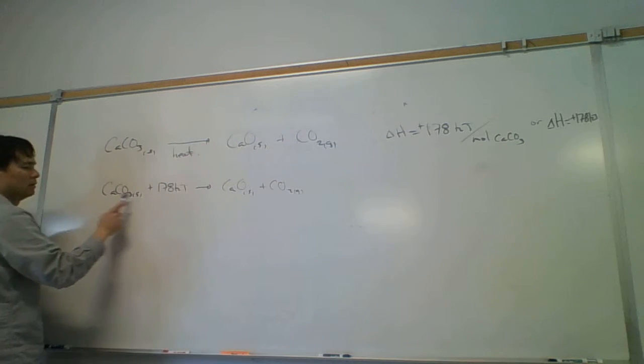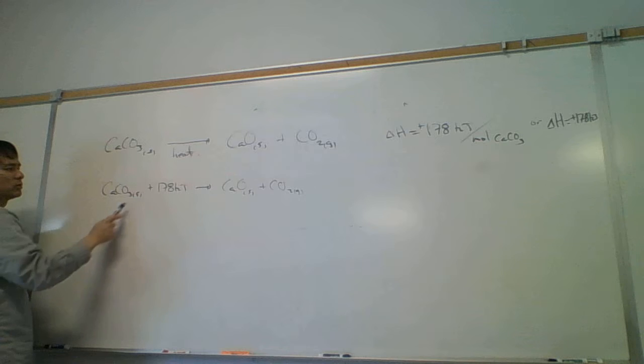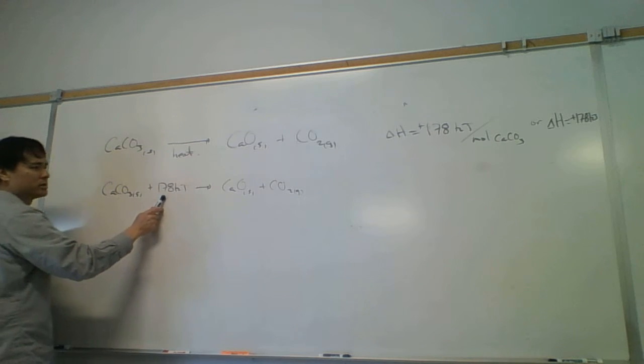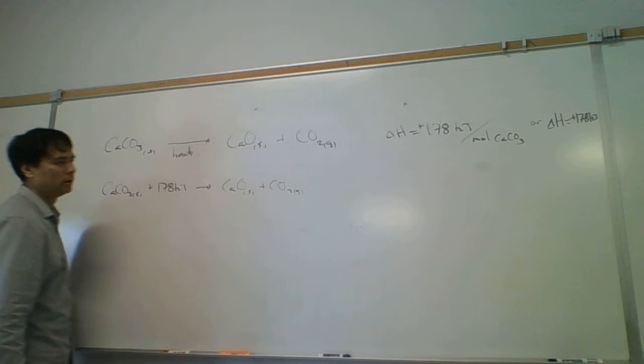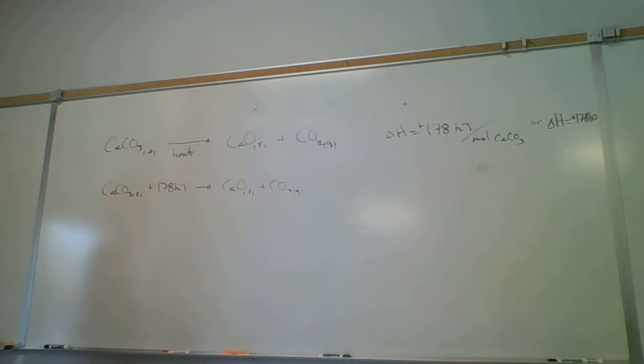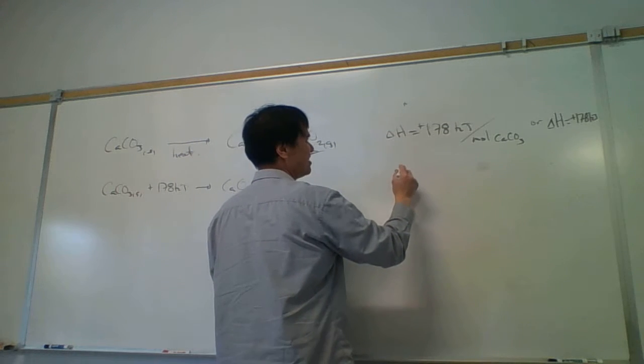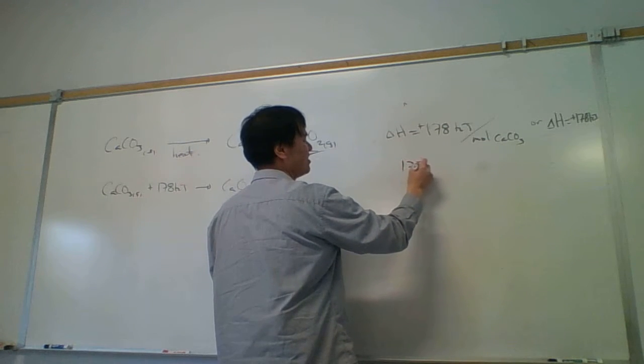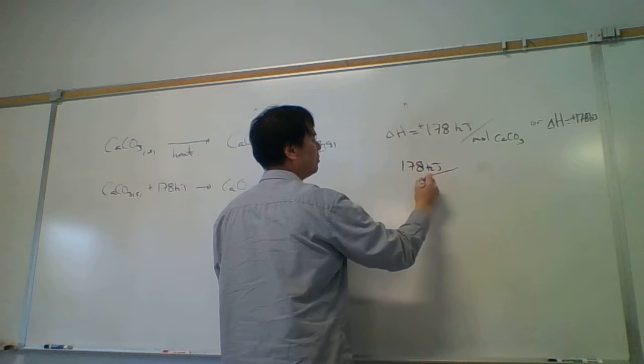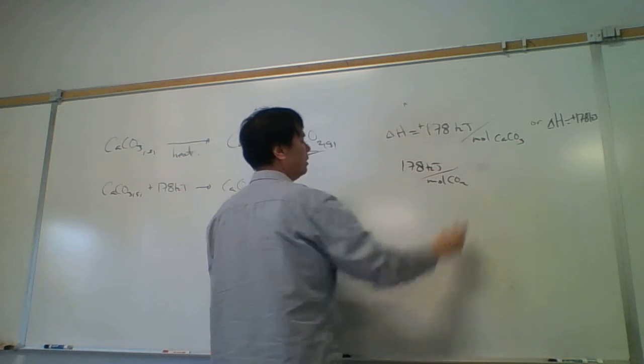And so you can see it here. We just use this stoichiometric ratio, 1 to 178 to 1 to 1, and we can come up with mole ratios. I might be interested in the CO2 produced from this. So if I'm interested in the CO2 produced, then I could say that there's 178 kilojoules per mole of CO2 that's produced.